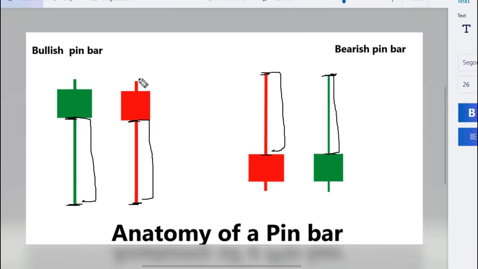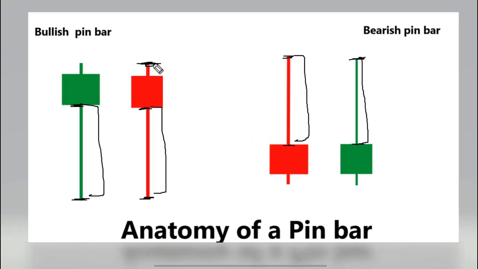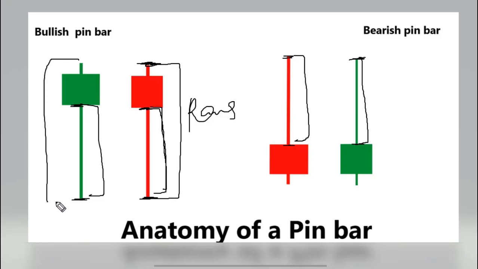Okay, and this is the range of the bar, from the highest peak, the highest movement of the high, to the lowest swing low right here. So this is the range. While from this level right here we got a tail. This is the tail, this is the range.